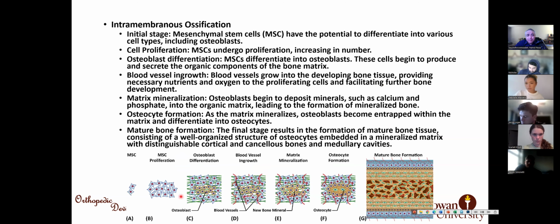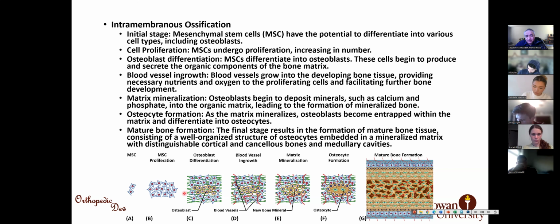but in intramembranous ossification, we don't have any cartilaginous model, just some primary stem cells in the embryo, or in our body, we still have some stem cells.